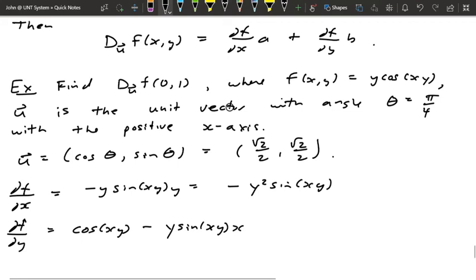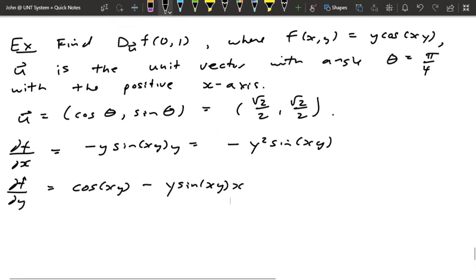And let's calculate these partial derivatives at the point of interest, 0, 1.